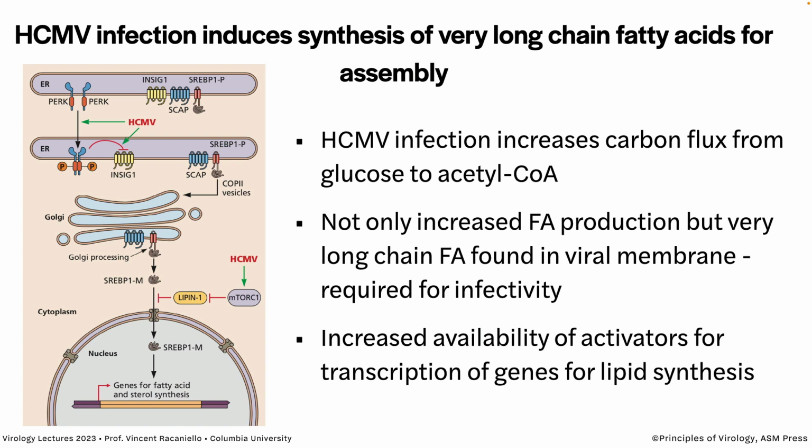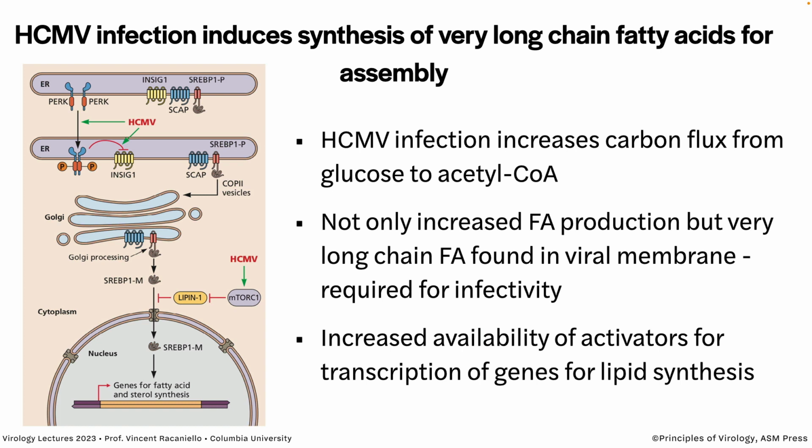And so in a cell, normally they're turned off because this transcriptional activator, SREBP1, is stuck in the endoplasmic reticulum. So there it is, SREBP1, and it's a form called P. It's stuck because it's bound to a couple of proteins, and this one is the one that's keeping it in the ER, INSIG1.